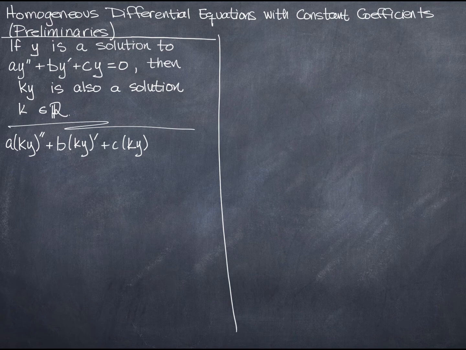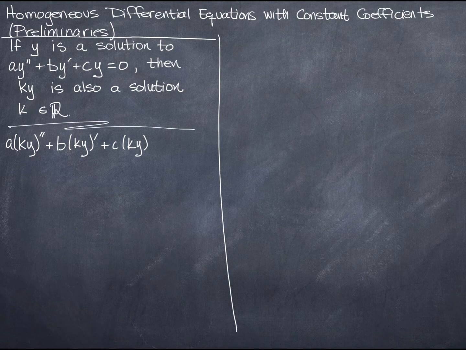What I want to establish is that this is also equal to 0. Because if y is a solution, then y's derivative and second derivative, when plugged in here, will return 0. So if ky is also a solution, then plugging those in will also return 0. I'm not setting this equal to 0; I'm trying to demonstrate that it is equal to 0.